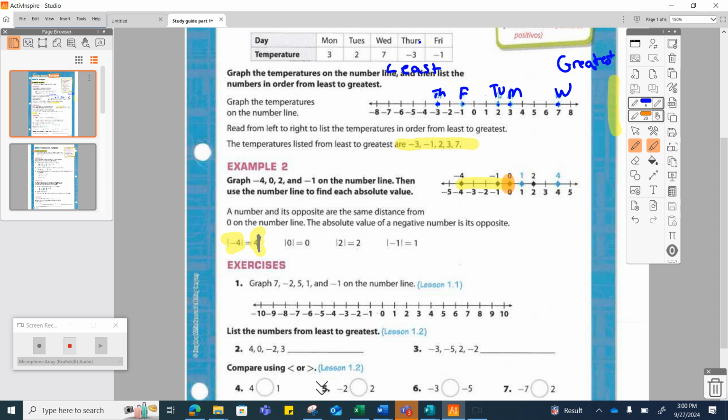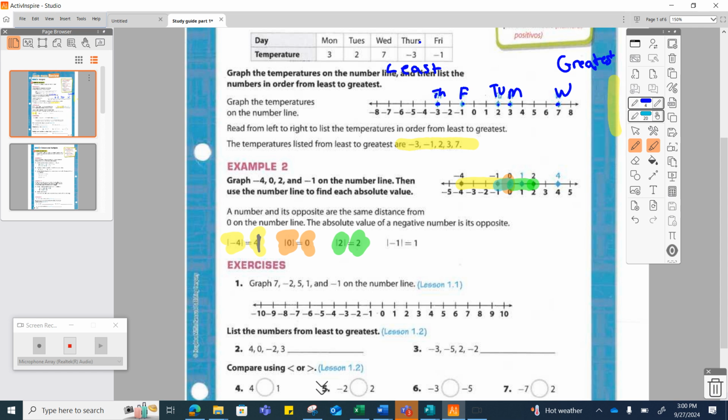So the absolute value of 0 is 0. Think you're catching on? 2. 2 to 0 is 2 spaces. Okay. And if I want to do this last one, -1 to 0 is 1 space on the number line.